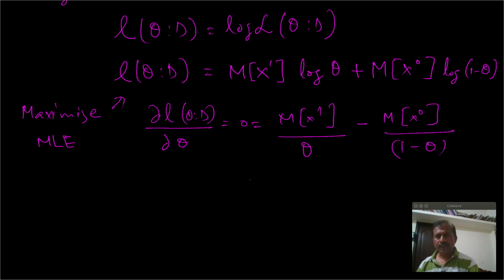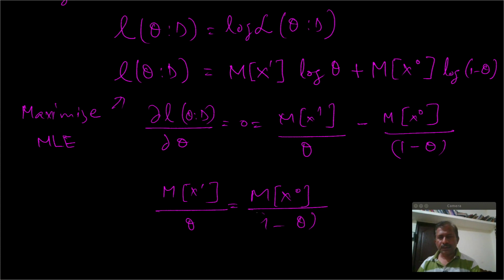Now if you equate it to 0, mx1 by theta is equal to mx naught by 1 minus theta.